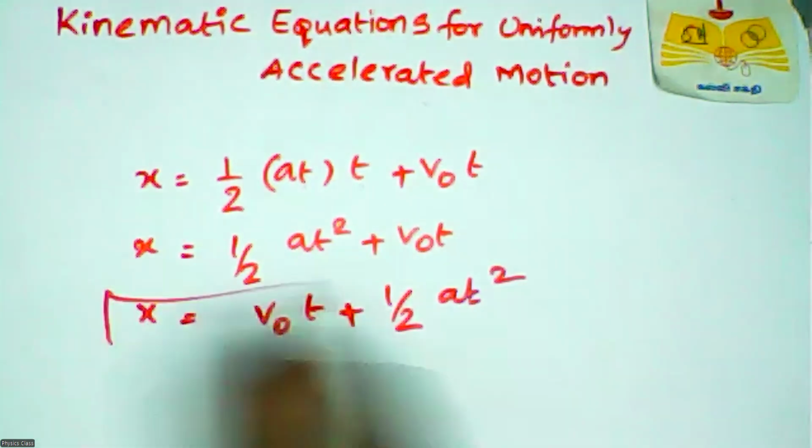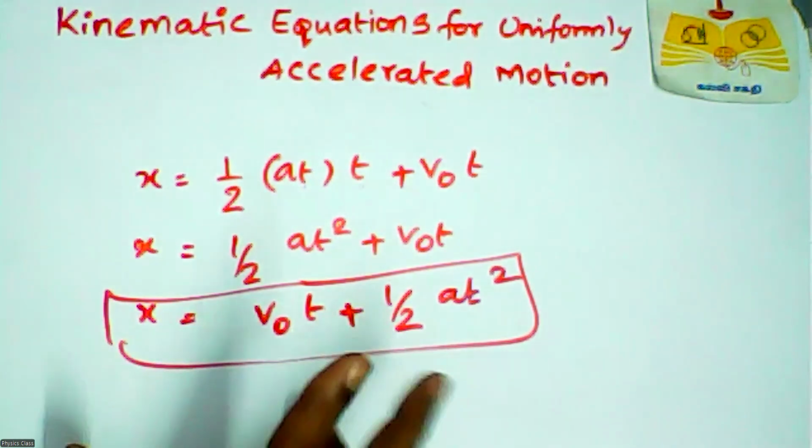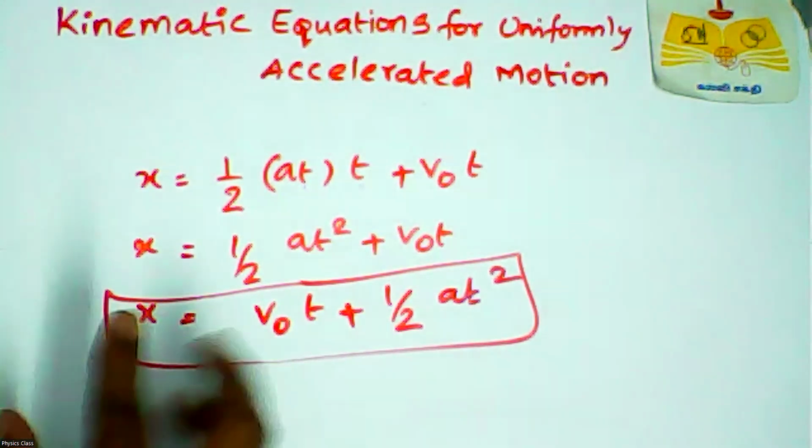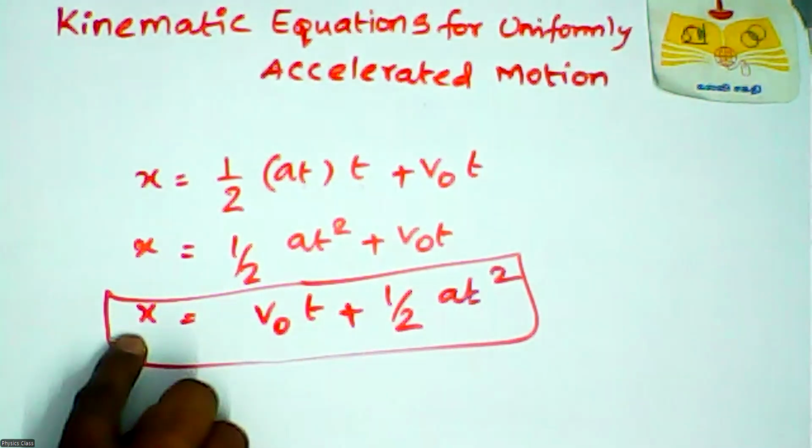So this is the second kinematic equation. Already we are familiar with the first kinematic equation. Now we derived the second kinematic equation, which is x is equal to v naught t plus half at square, which means displacement.